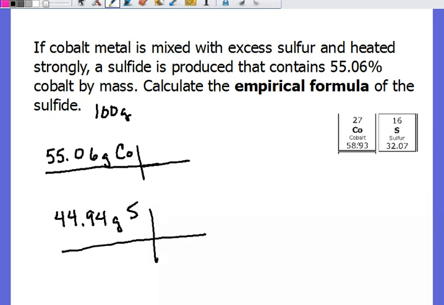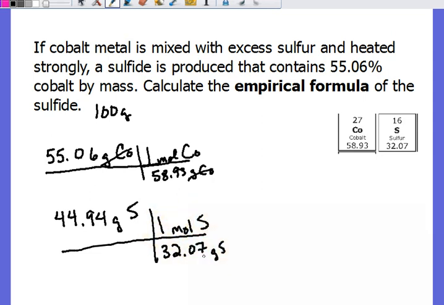So go to your periodic table: that's 58.93 grams of cobalt in a mole of cobalt, and sulfur is 32.07 grams of sulfur per mole of sulfur, and that cancels out there.